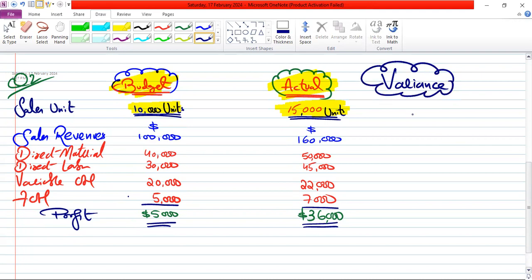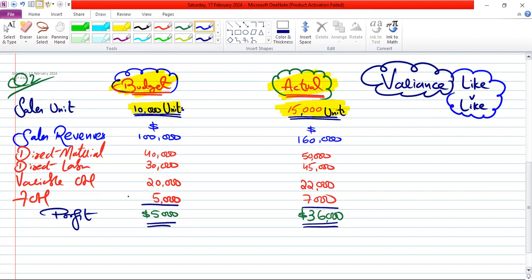The problem is variance means like versus like. Like versus like means apple to apple comparison. You cannot compare apple with mango. You have to compare like versus like.